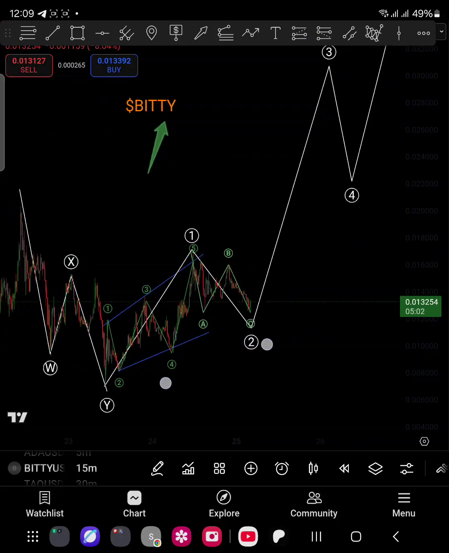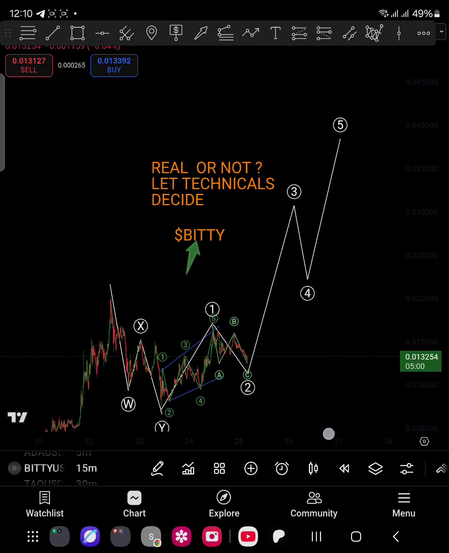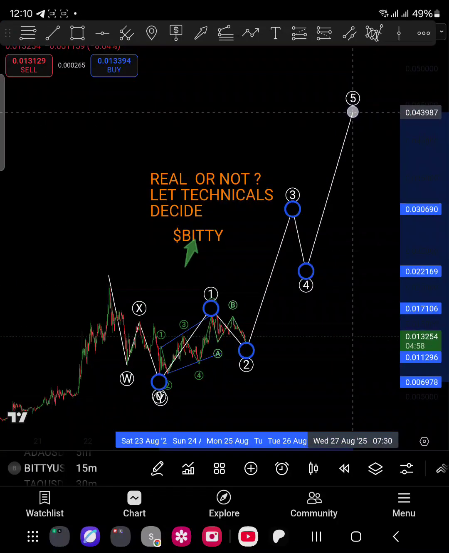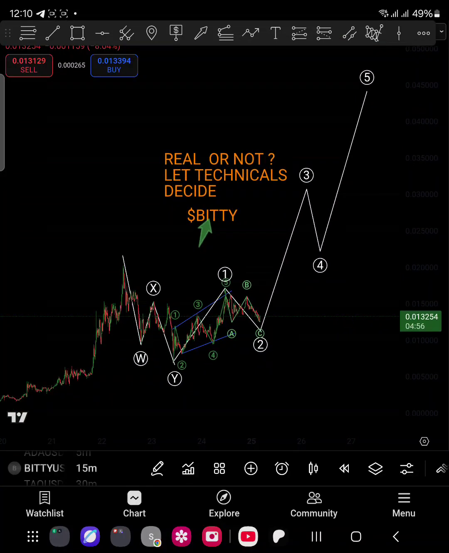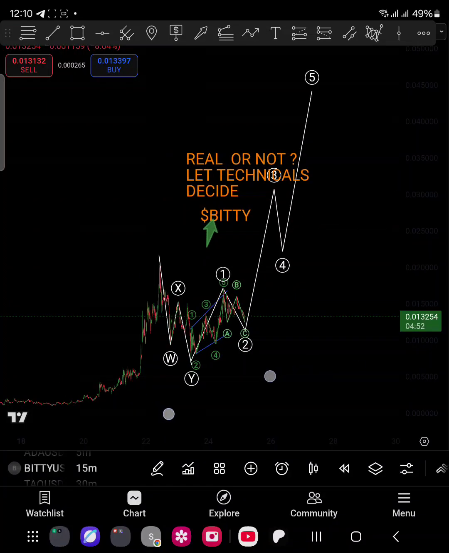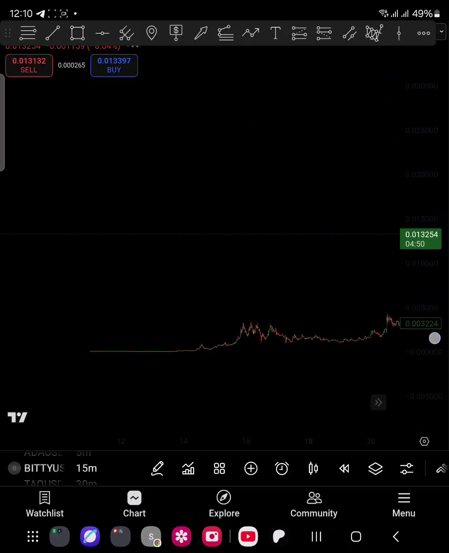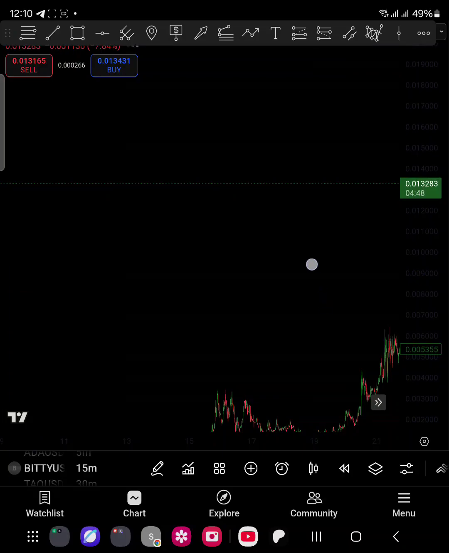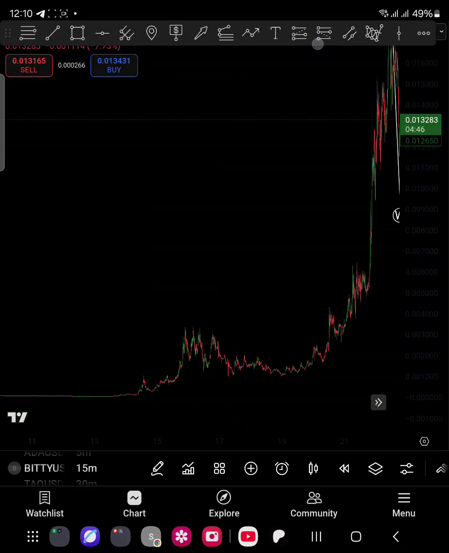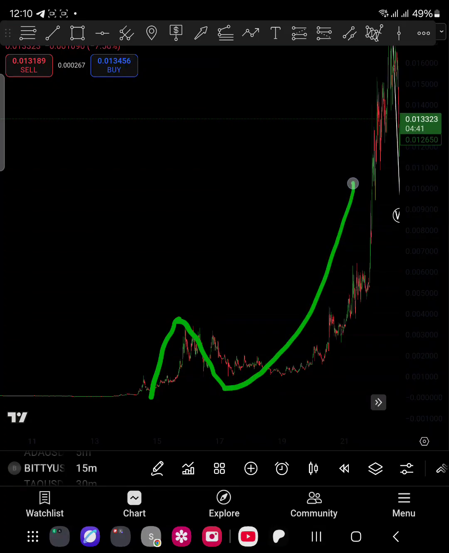In my own opinion, Betty is going to continue skyrocketing, and this one is the real Betty, because it has all the price movements and all the trajectory of a bullish market ever since the beginning. You can see right here that it also started with an impulse, gave us a correction, and after the correction, it pumped.